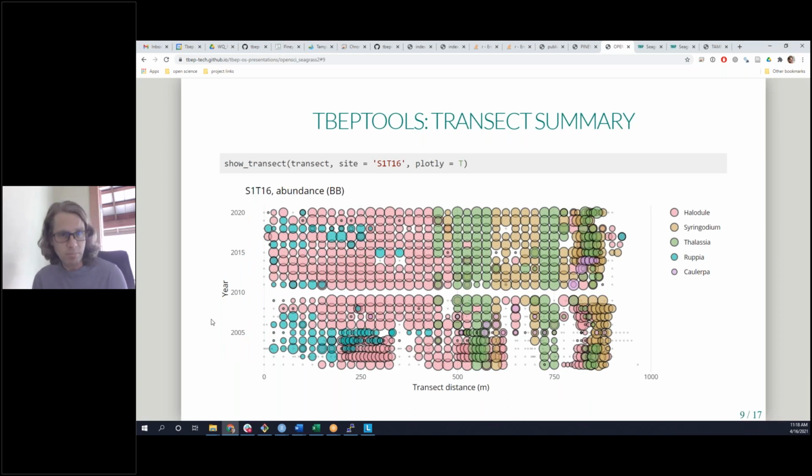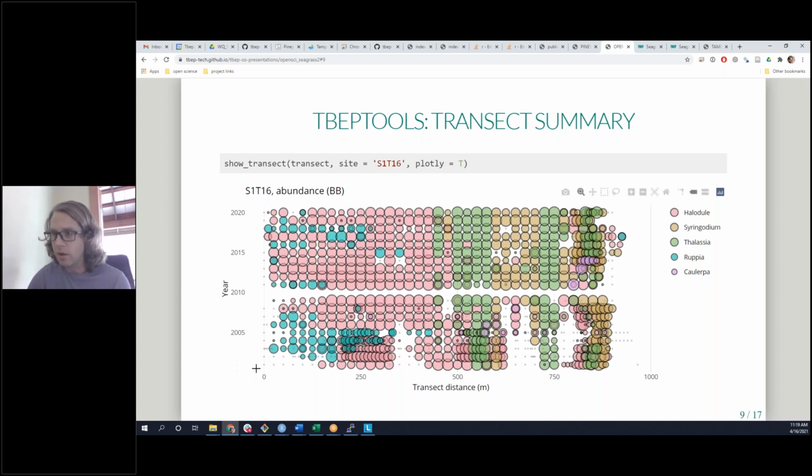So once you have that data imported and summarized, you can create these summary graphics that provide you with an overview of what's happening at these transects over time. So this is an example of the trends at Transect S1 T16, which is in Old Tampa Bay in between Courtney Campbell and Howard Franklin Bridge on the southwest edge of Old Tampa Bay. But what we have here is essentially each row here is 1 year of data.